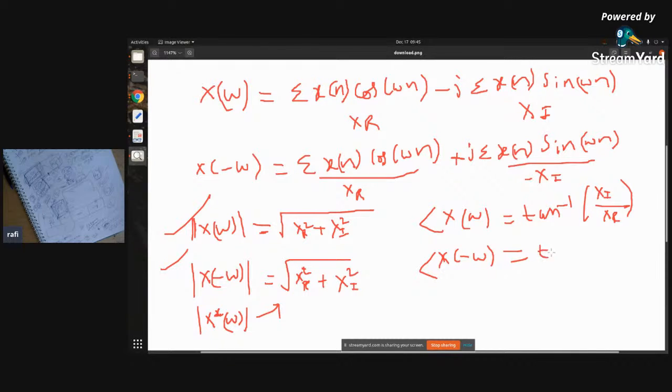This is tan inverse of minus xi divided by xr. So this minus will be there, and this is nothing but minus tan inverse of xi by xr. And this is nothing but minus the angle of x of omega.